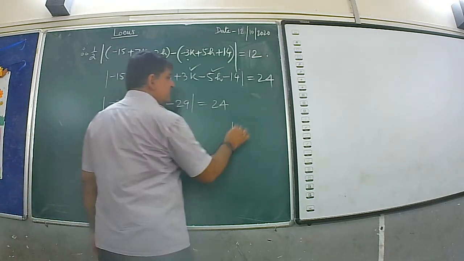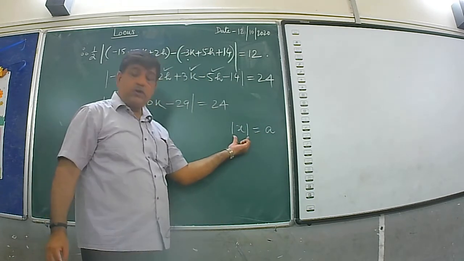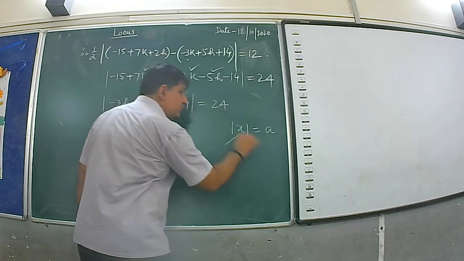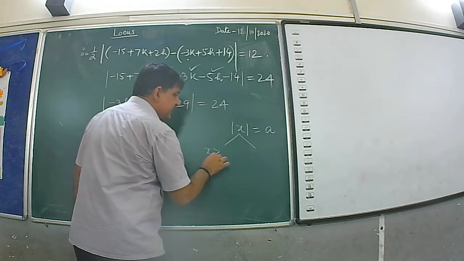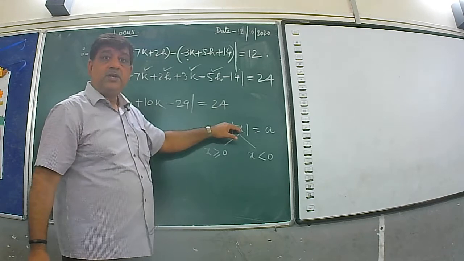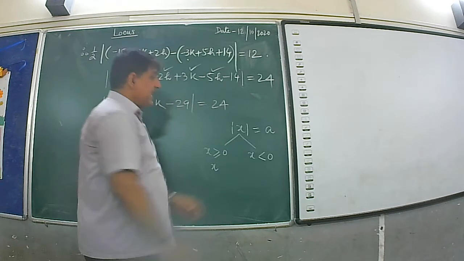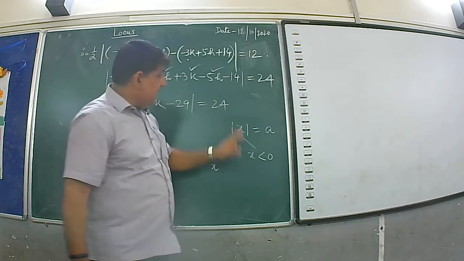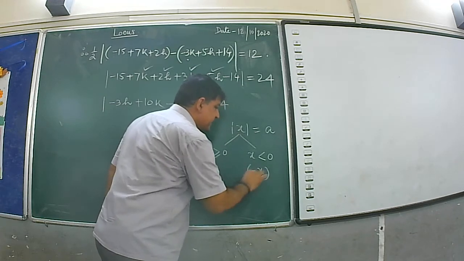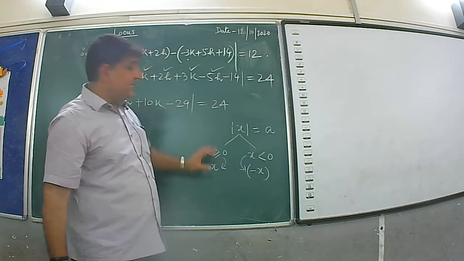Say if mod x is equal to a, and you want to omit this modulus sign, you have to consider two cases: when x is greater than or equal to 0, or x is less than 0. If x is positive, there is no need of modulus here, and it becomes x. And if x is negative, to omit the modulus sign we have to write it as minus x. The two different expansions of modulus you have to write under two conditions.